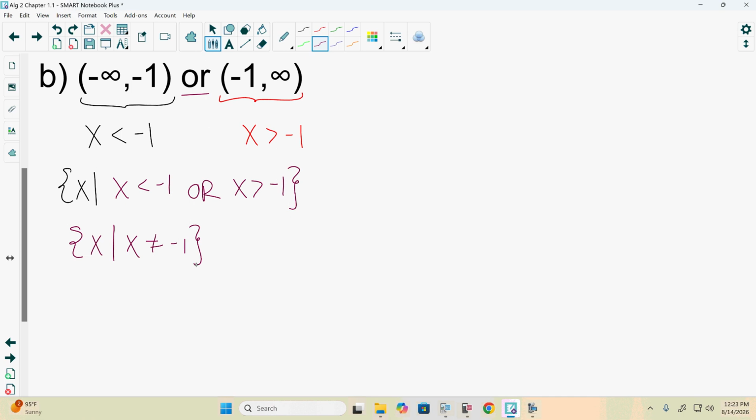Set of all real numbers such that x is not equal to -1. Those are the same statement. Not too bad. Questions on this here?